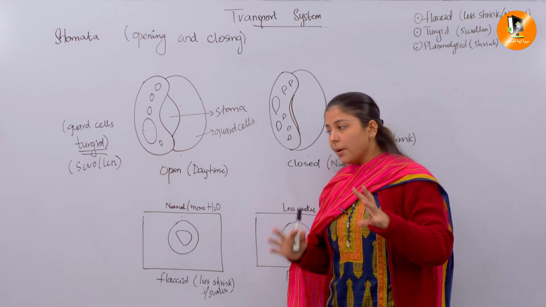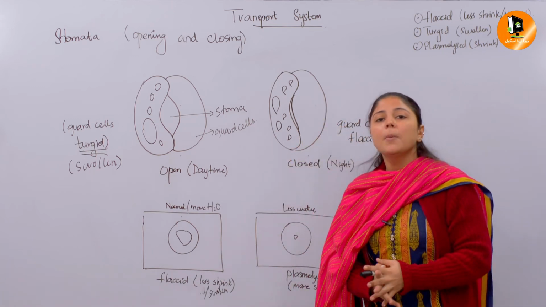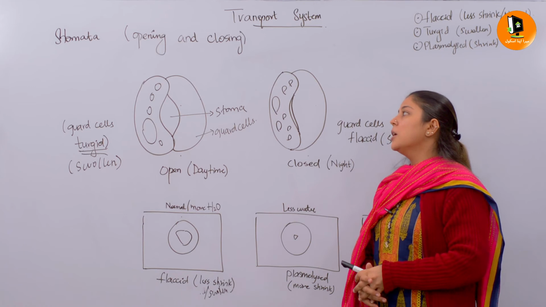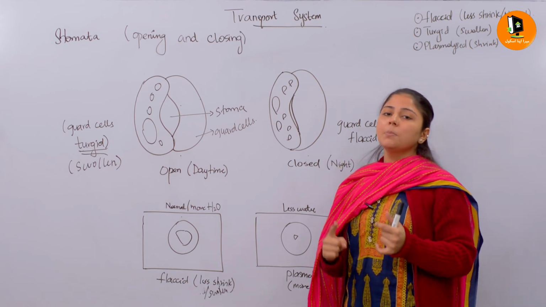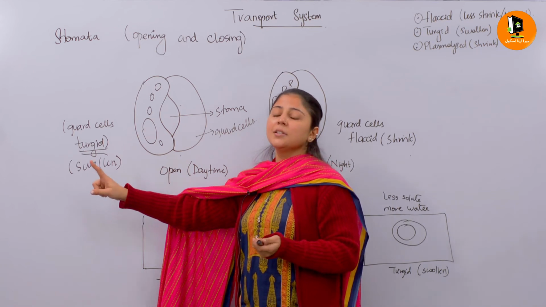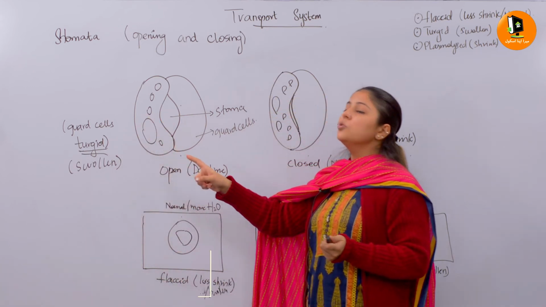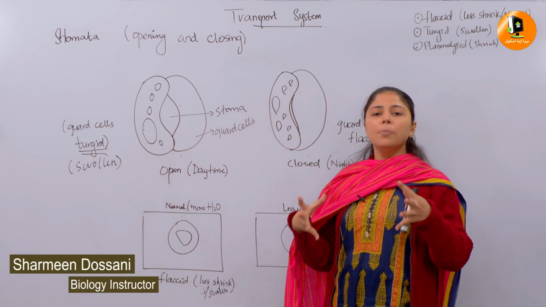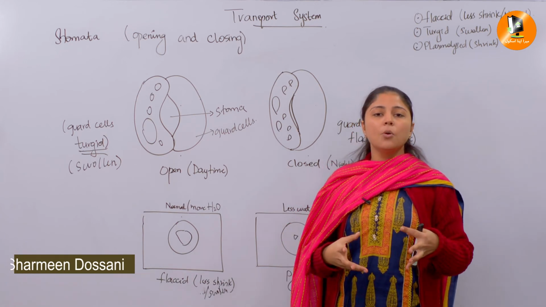I just want to summarize this. Opening of stomata, closing of stomata: you must have the concept of the guard cell. When the guard cells are turgid, when the guard cells are swollen, it allows the stomata to have a great opening, or you can say the stomata are open.